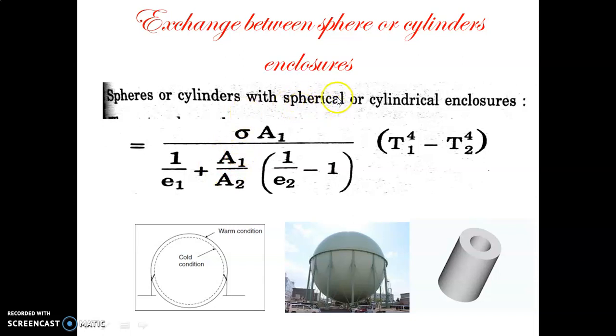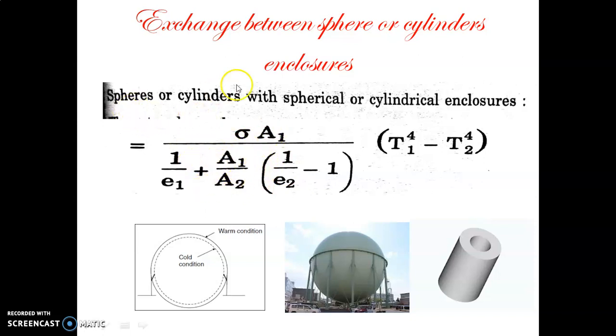If we use this formula for a sphere, you just change the area of the sphere, that is A1 and A2. If we use it for cylindrical enclosures, then you just change the formula of A1 and A2. You just take the diameters and do all the calculations in this case.